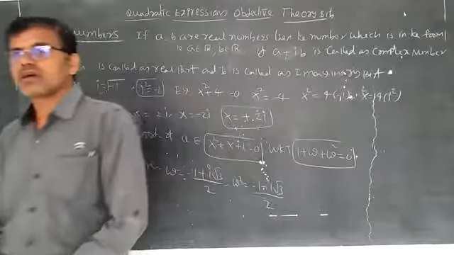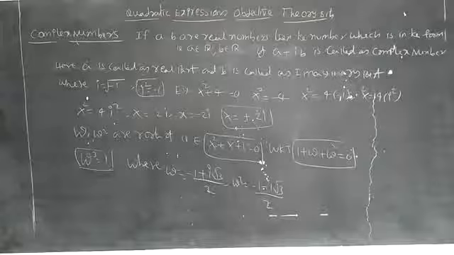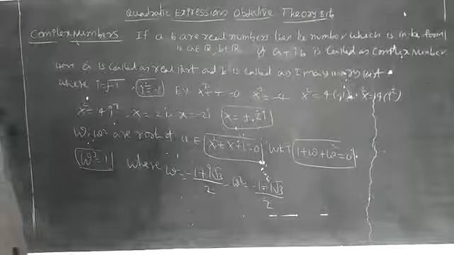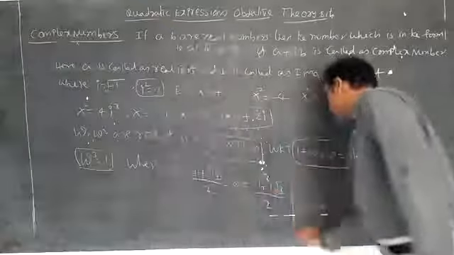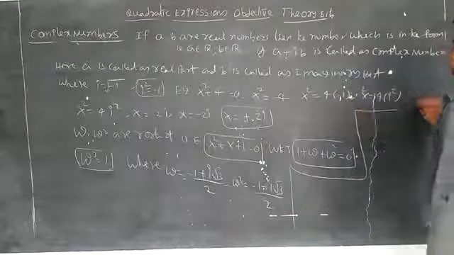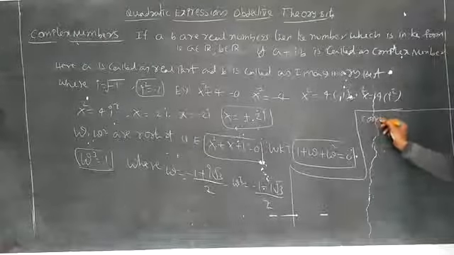Whenever the a plus ib and a minus ib form is there, the two numbers are said to be conjugate. Here I want to discuss conjugate complex numbers also.